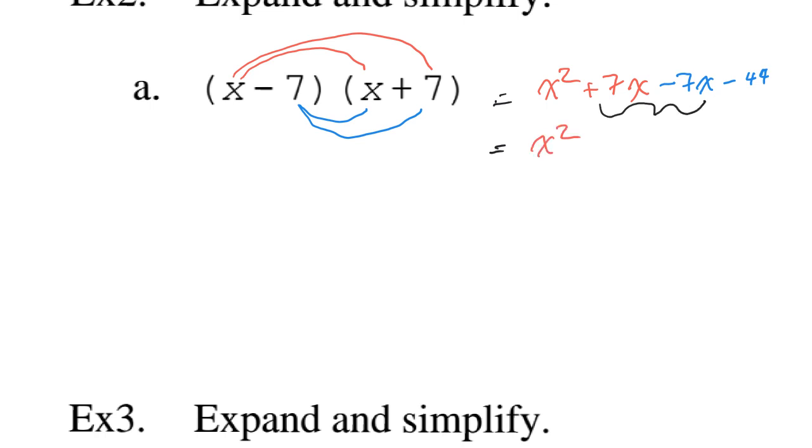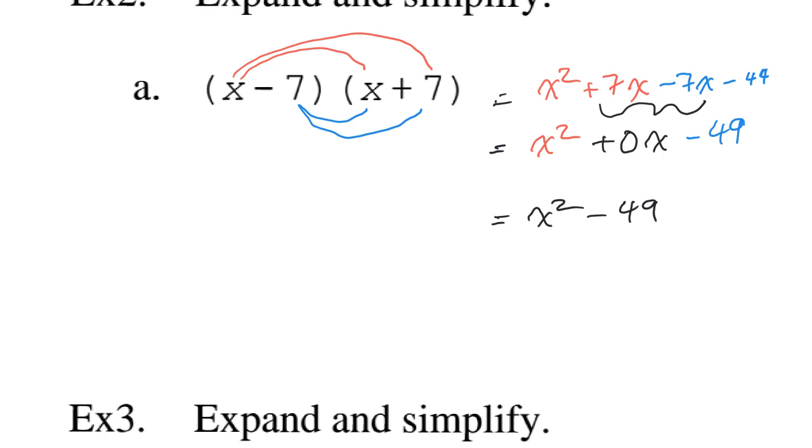X squared, bring these two together, and you're left with 0x, and then minus 49. So your final answer is going to be x squared minus 49. And that only happens if there is a positive and a negative and two numbers are the same at the end of each bracket here.